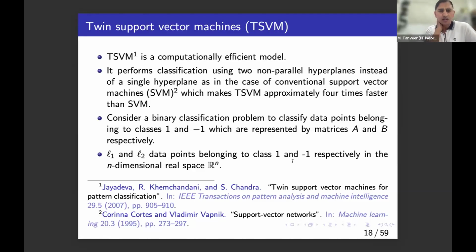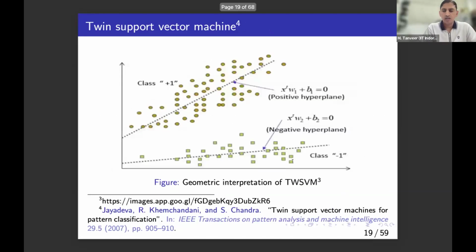The idea of twin support vector machine is to generate two non-parallel planes. Let me go with this. This is a geometrical interpretation of twin support vector machine. It aims at generating two non-parallel planes such that each plane is closer to one of the two classes and is as far as possible from the other.